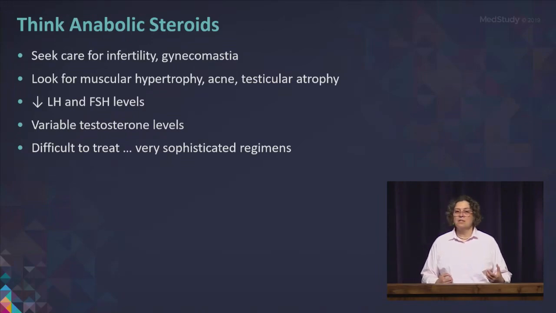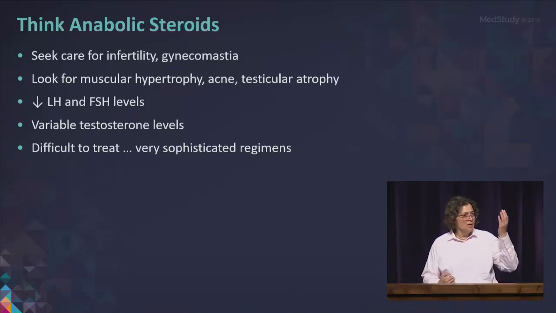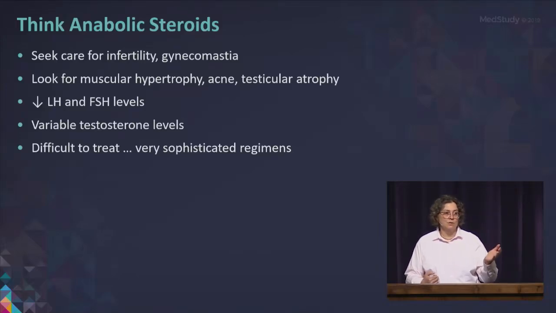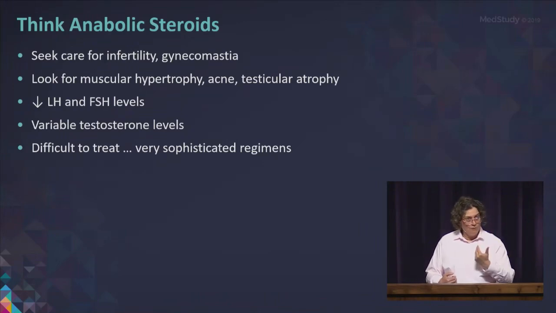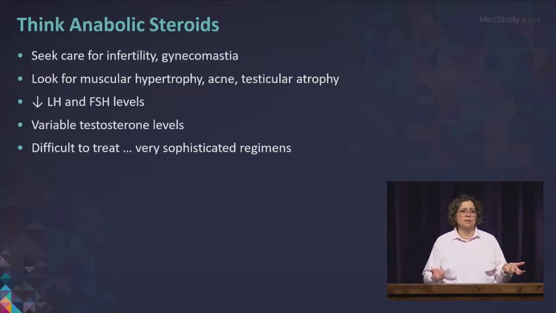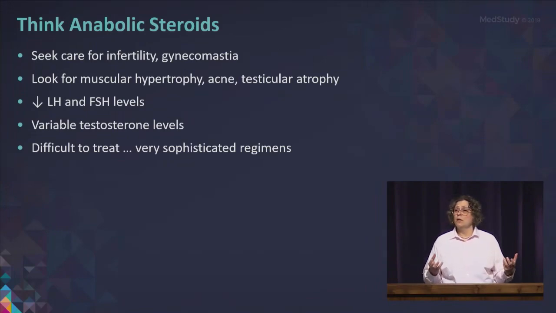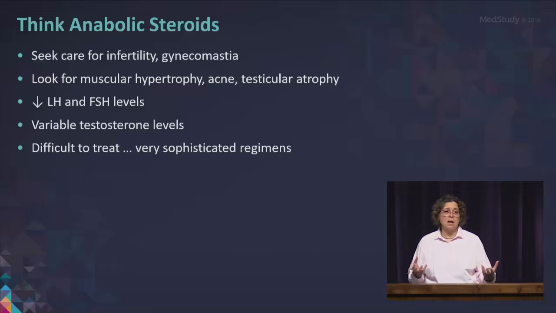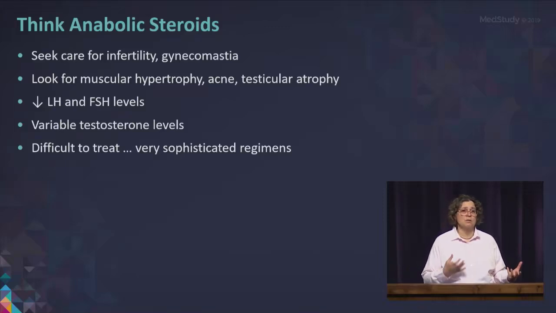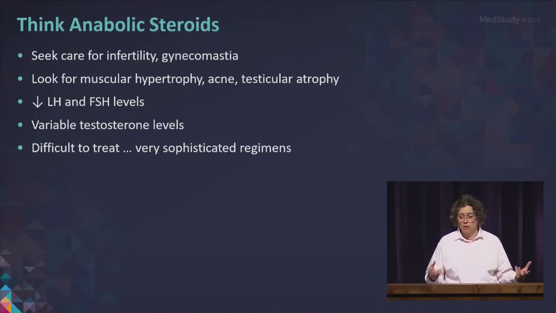Generally, the LH and FSH levels are very low because the testosterone that they're using is often in much higher levels than we would ever use, so it shuts off the pituitary. You're going to see variable testosterone levels, and that's because, one, it's injectable, so it can be anything, and two, sometimes the testosterone that they're using is not going to be measurable in our assay because there are different testosterone formulations and preparations that can be used, and some are measurable and some are not.